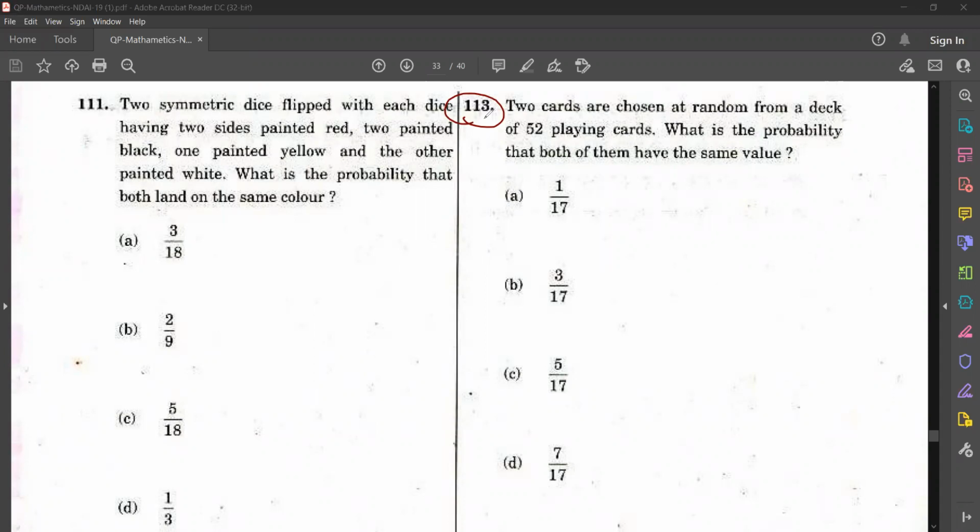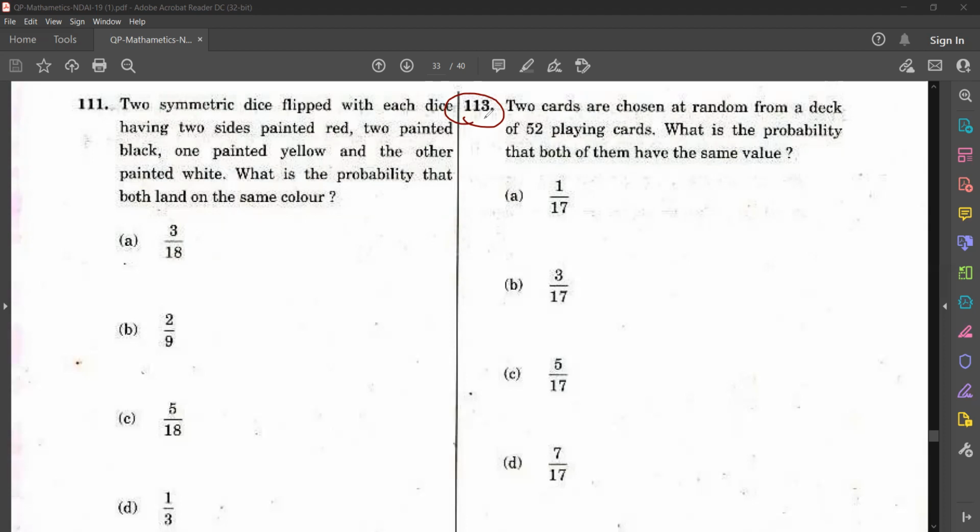Two cards are chosen at random from a deck of 52 playing cards. What is the probability that both of them have same value? Options: 1 by 17, 3 by 17, 5 by 17, 7 by 17.